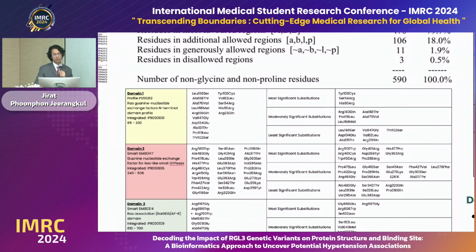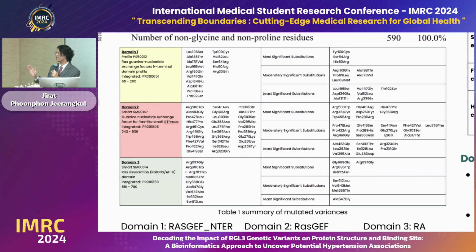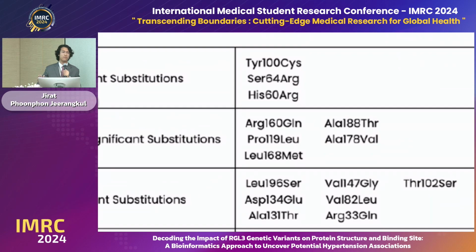And this is the summary of all the mutations. It's quite extensive, I know, but the most important part is that we categorize them into three groups: most important, moderately important, and least important, by using the property change of the amino acid. For example, the first one, tyrosine to cysteine, changed from polar to non-polar, and it changed drastically.